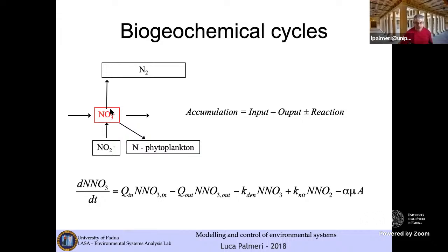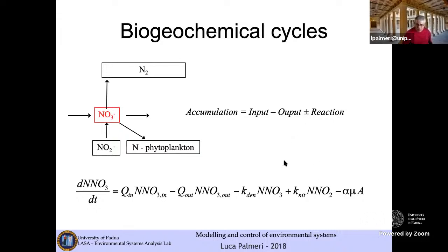So this is the conversion of nitrogen in the form of nitrate into gaseous nitrogen, so NO3 into N2, this process is denitrification, plus the process that describes nitrification, so this is the chemical process that converts ammonium into nitrate, so K nitrification times the concentration of nitrogen in the form of nitrate, minus what?